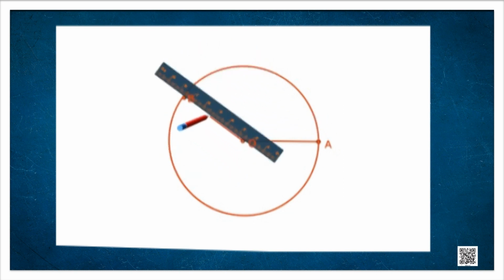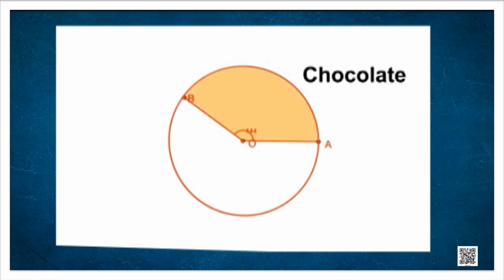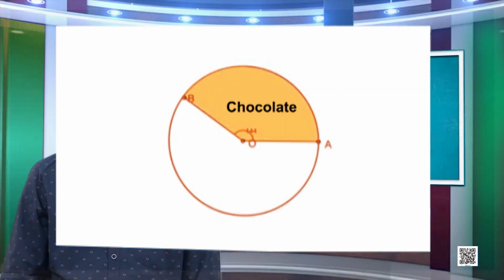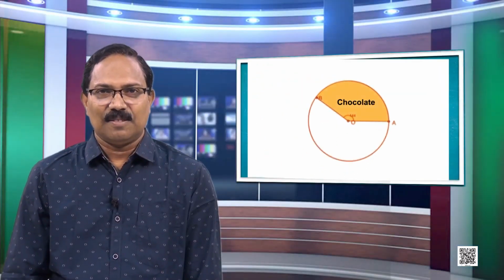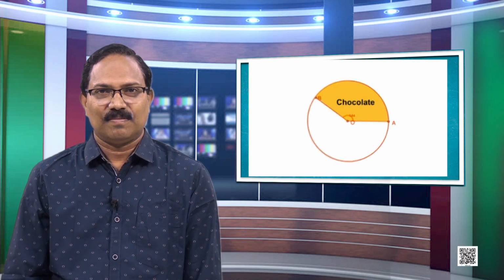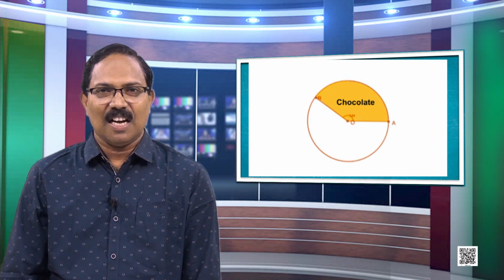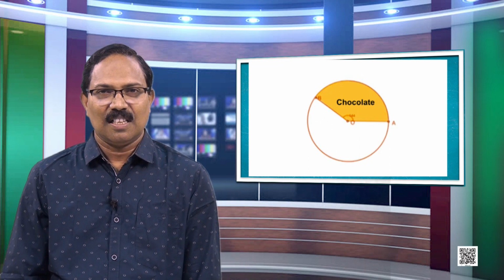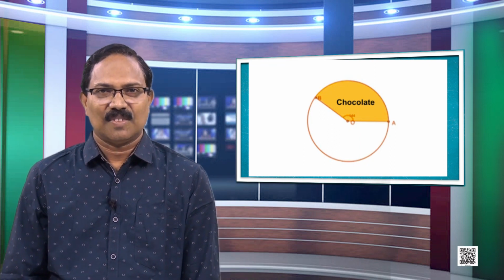Join that point with the origin O. So, this part represents the sector of chocolate in the circle. Similarly, you need to represent the other sectors also. Here, sectors means the other flavors.